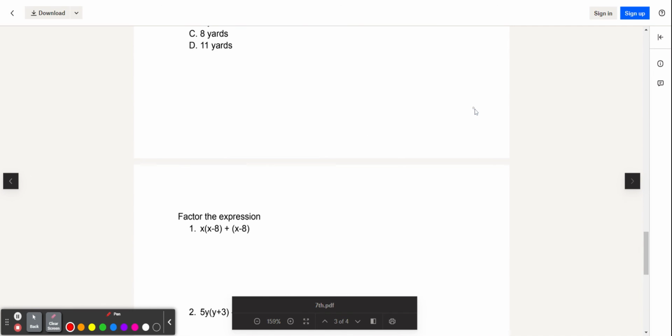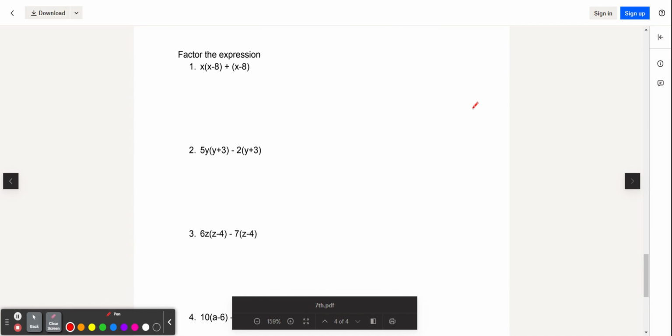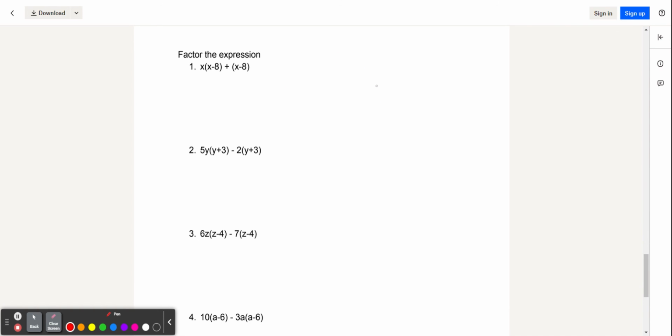Let us move on to factoring. We are asked to factor the expression. So when you factor, as the name suggests, you're going to take a common factor from the terms and move it outside. The inside, whatever's left, is in parentheses.